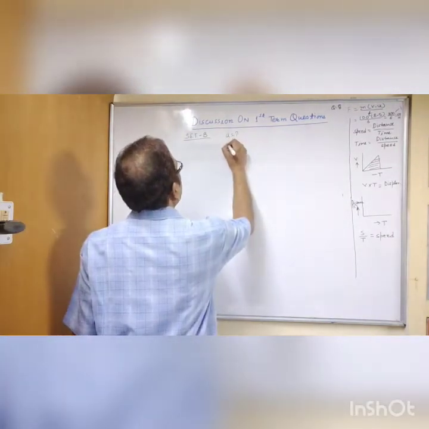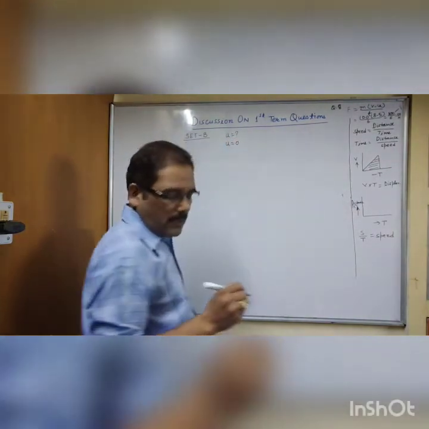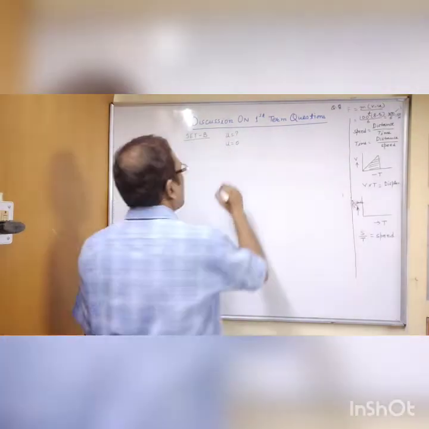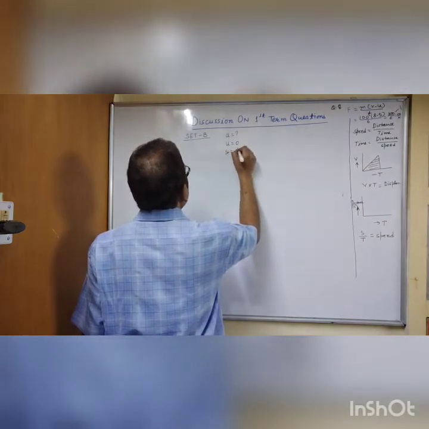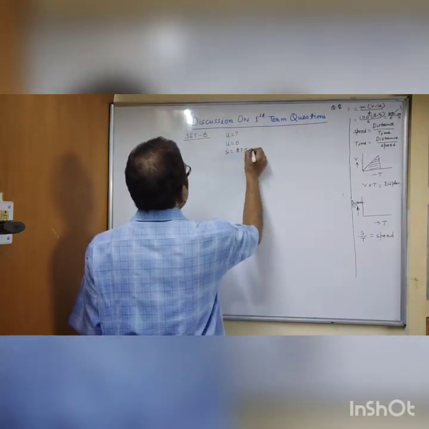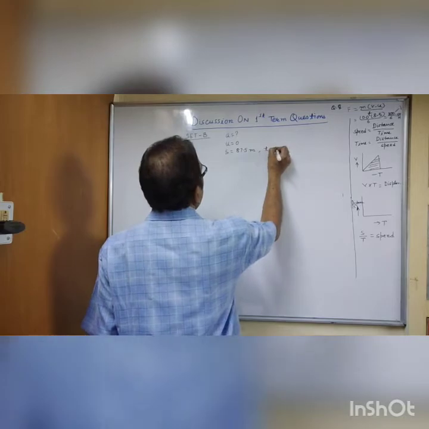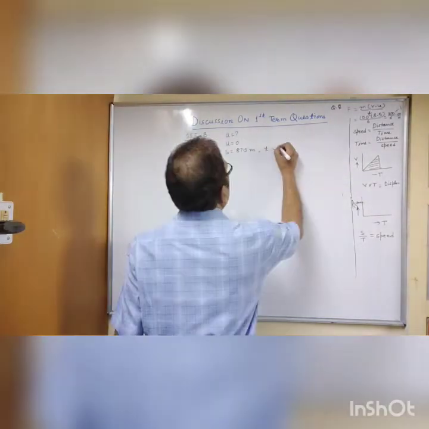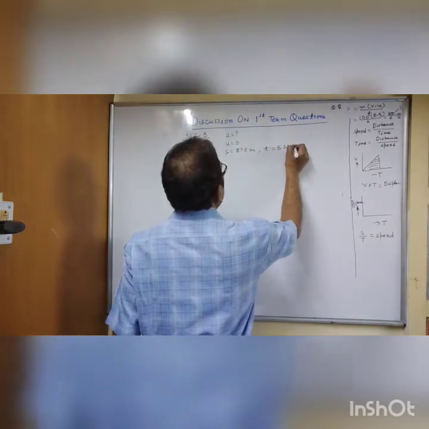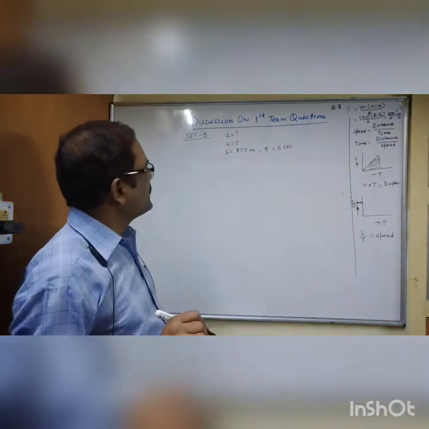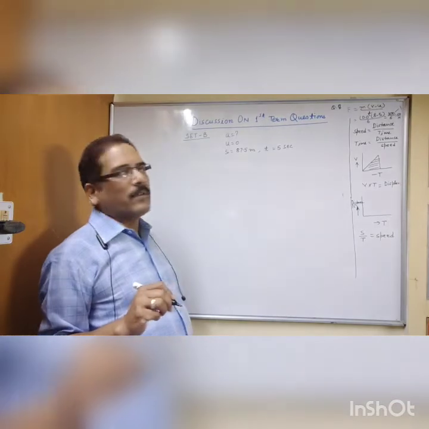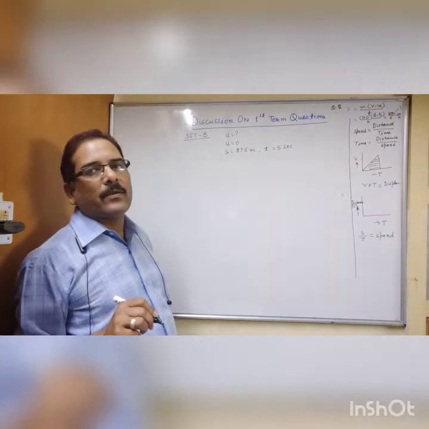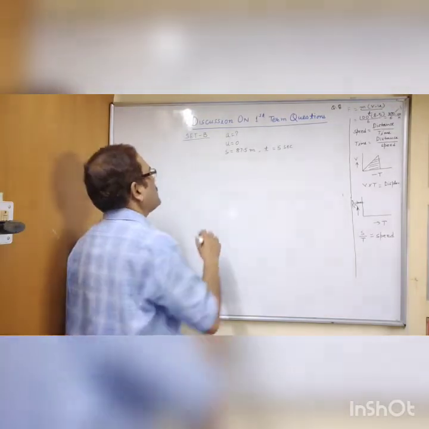It starts from rest, so initial velocity is 0, and travels a distance S of 87.5 meter in 5 seconds. So time is given, distance is known to you, initial velocity is known to you, it is 0. So you can use second equation of motion to calculate acceleration.